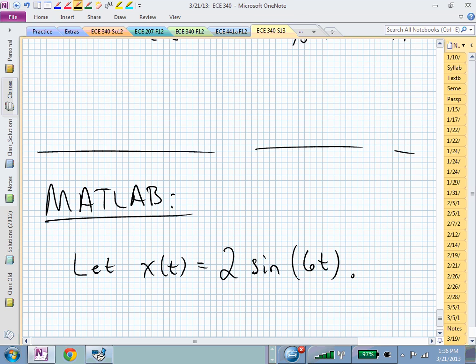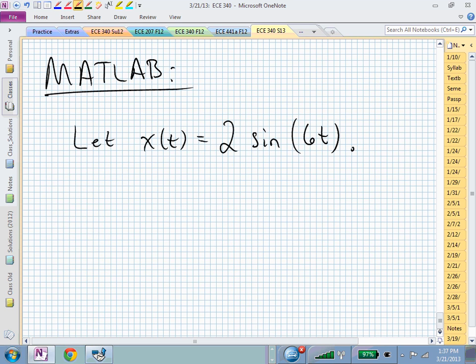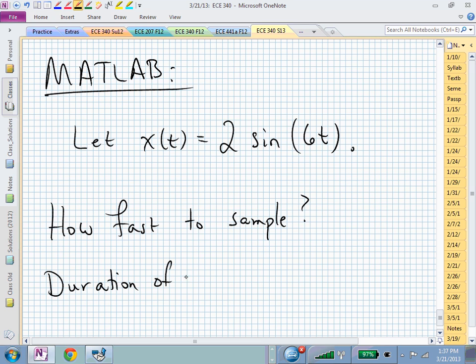Okay? All right. So what do we do? If you're now simulating this in MATLAB, how fast do you sample? And the duration of the simulation.